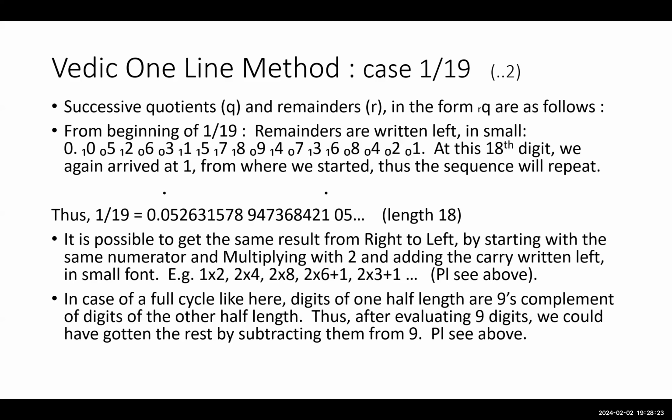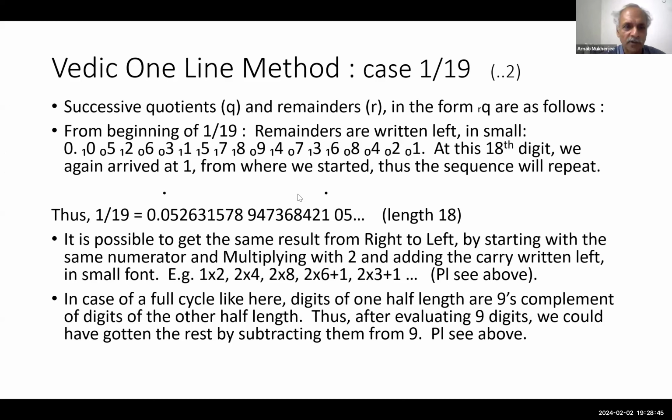I am concerned about whatever is coming after the decimal point. Instead of 0 point, it will be 1 point, and then 2 by 19. So it will be 1.1052631 and so on.